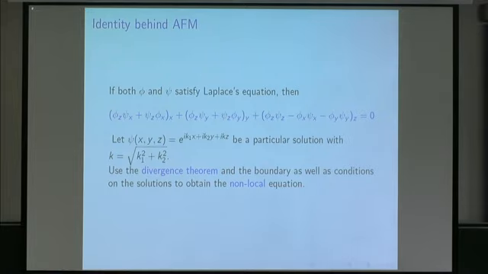Then if you assume that psi is an exponential in its particular solution, where k is your wave number in each dimension, you can use the divergence theorem and boundary conditions, and you can rewrite your Laplace equation in terms of a non-local equation.